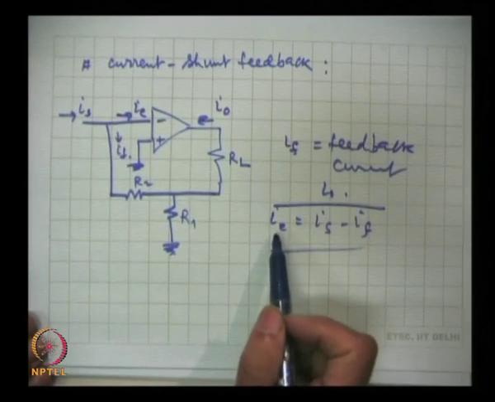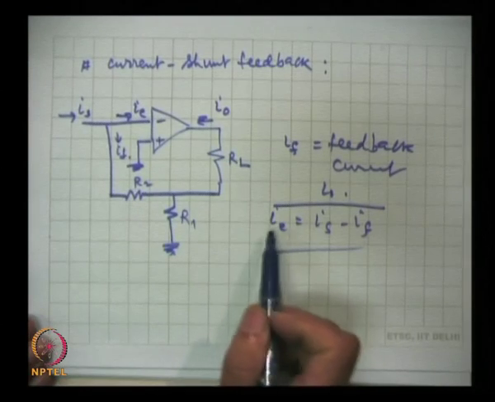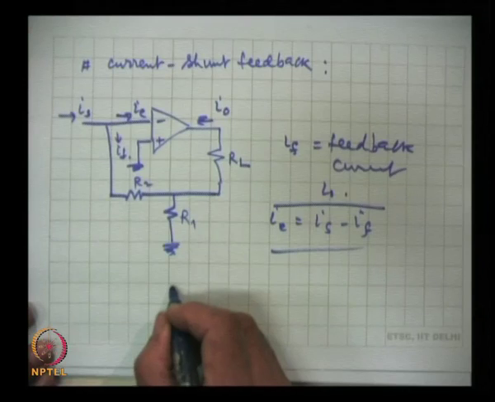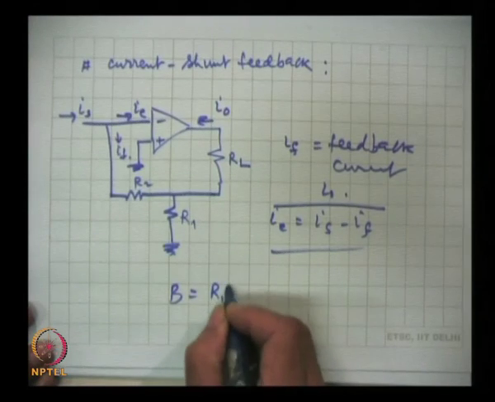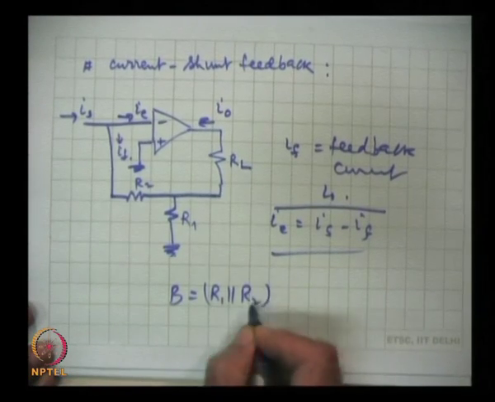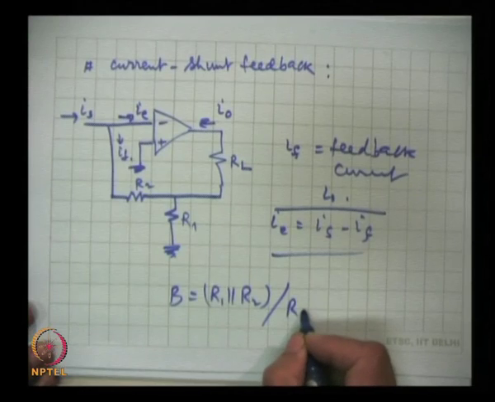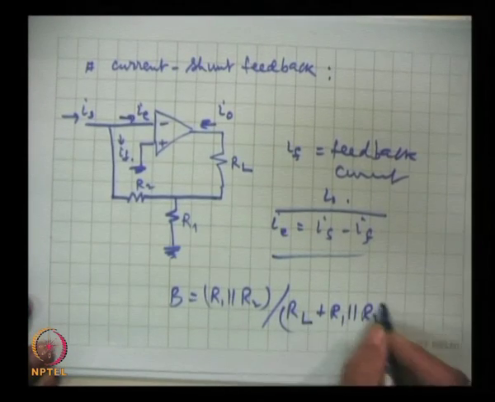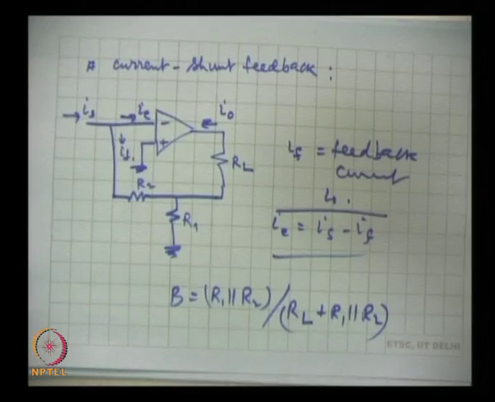So, this is the error signal which goes into the amplifier, and B can be shown to be equal to the parallel combination of R1 and R2, that is R1 R2 divided by R1 plus R2. This is the expression for B.